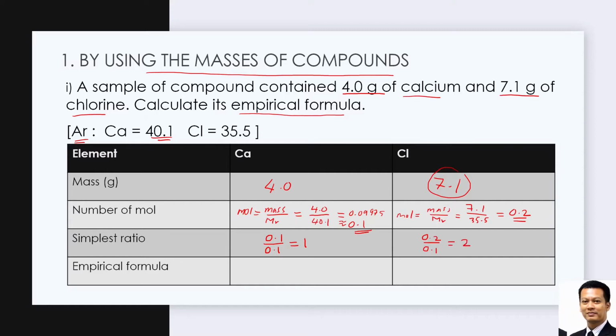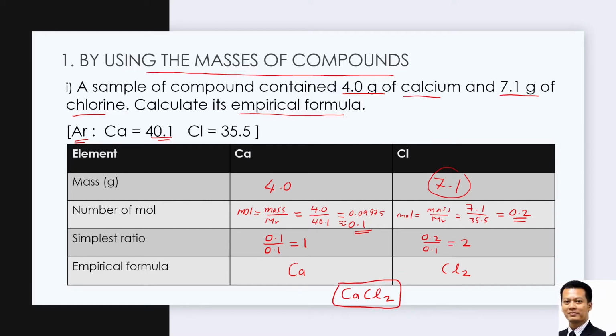Because of this, what you get for Ca is Ca1, and this one is 2, so Cl2. So the empirical formula is actually CaCl2.